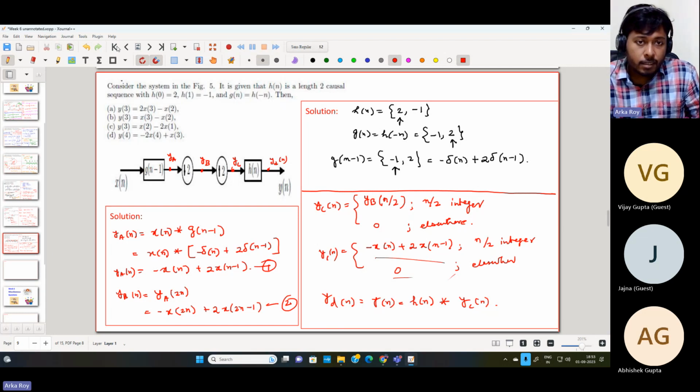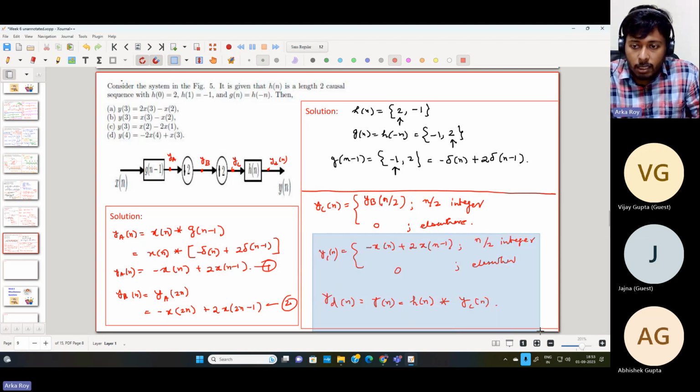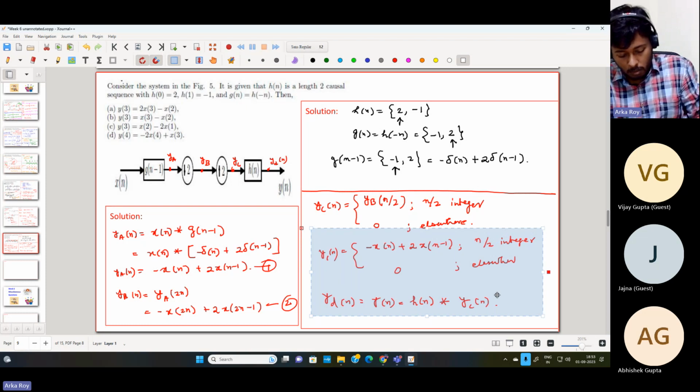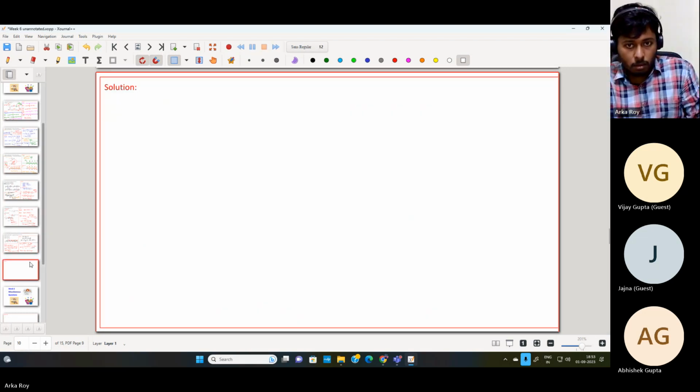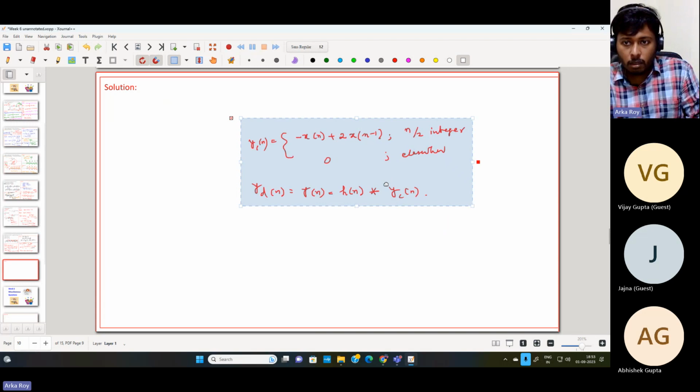So let's copy these equations, and then I will first try to draw the signals themselves, what is yc[n] and what is h[n], and then we'll do the convolution directly. So these are the equations that we need.